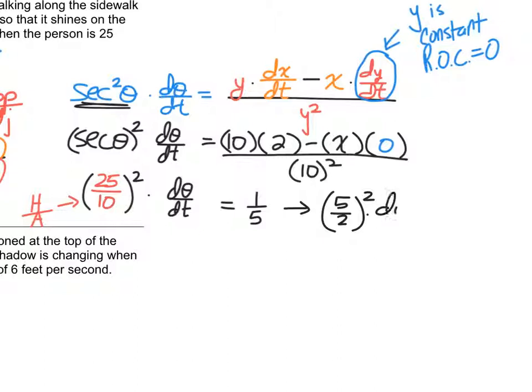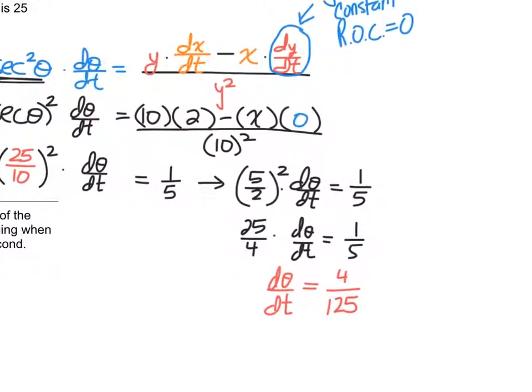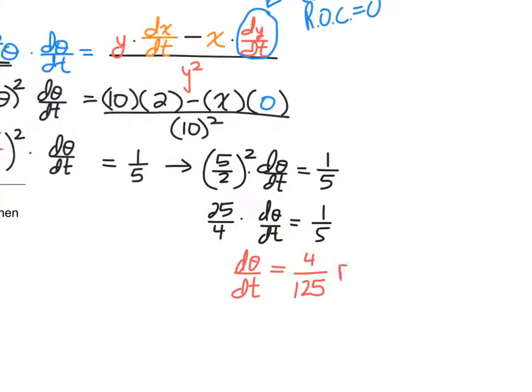Squared times d theta/dt is equal to 1/5, which is 25/4 d theta/dt. Multiplied by reciprocals, and we get d theta/dt equal to 4 over 125. And the units here are radians per second.